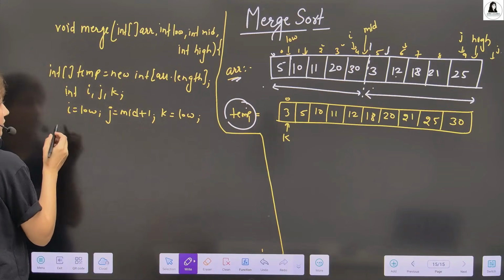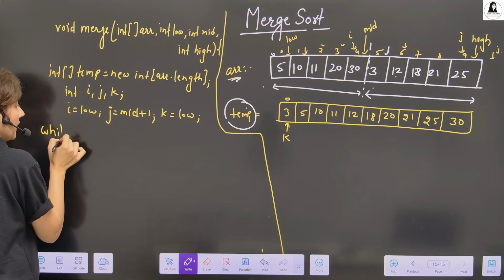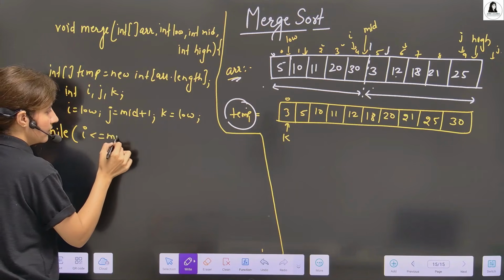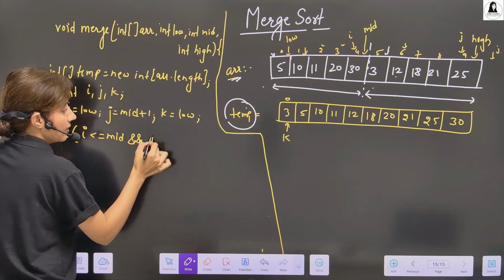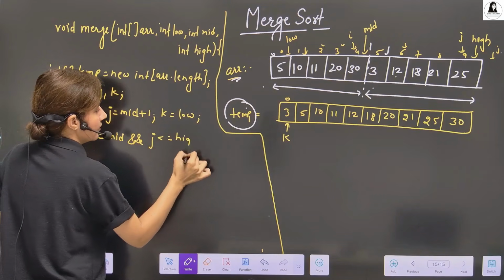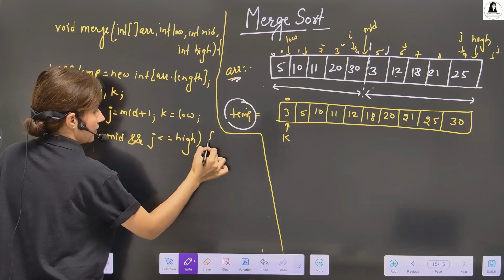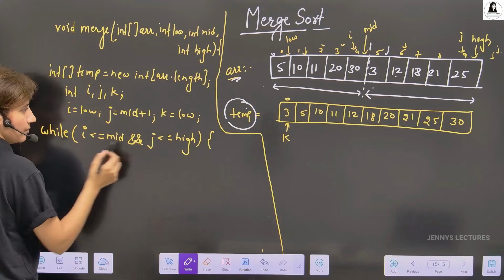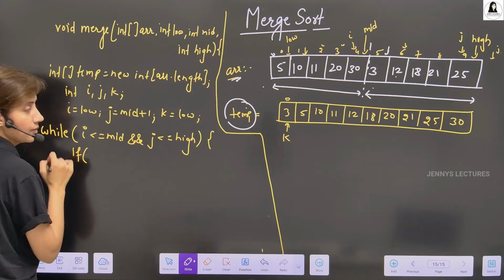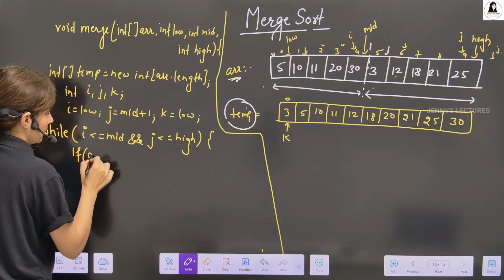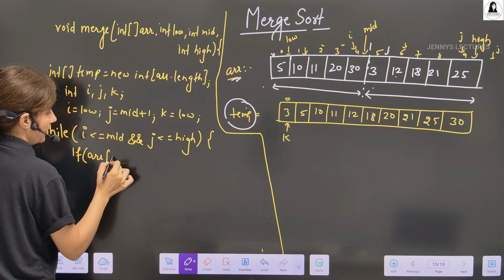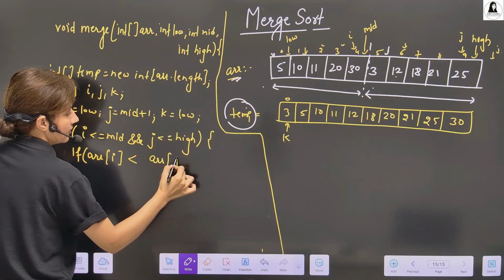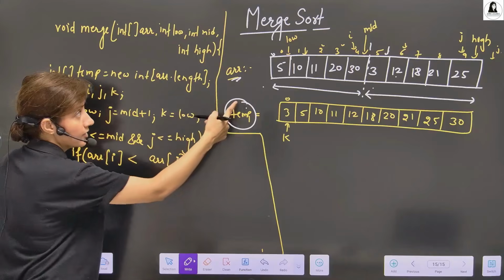Now what you do? Just write down a loop. While I is less than equal to mid and my j is less than equal to high. Till then we keep moving. And what we do? First we compare if the element at ith index is less than the element at jth index.